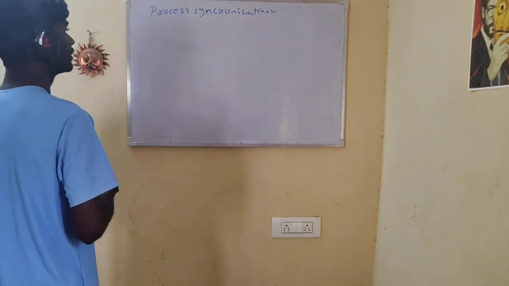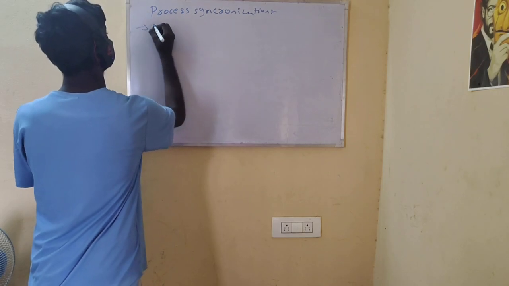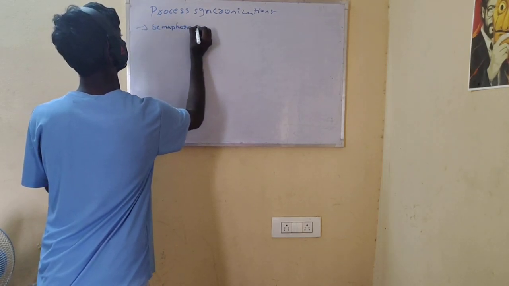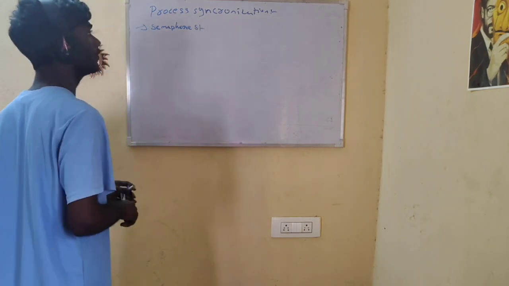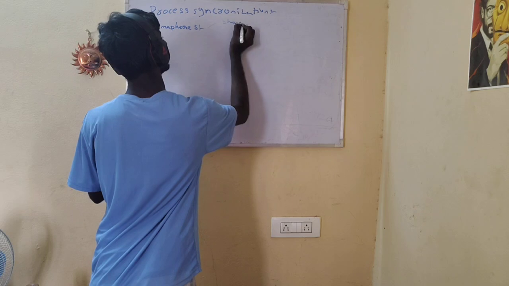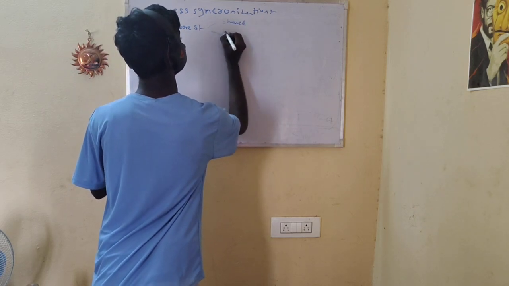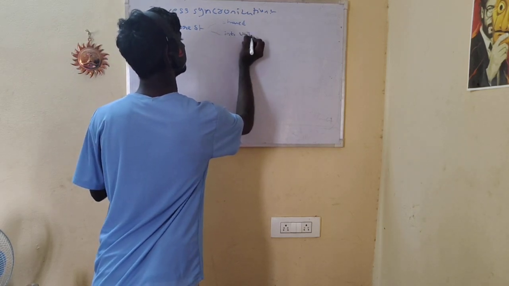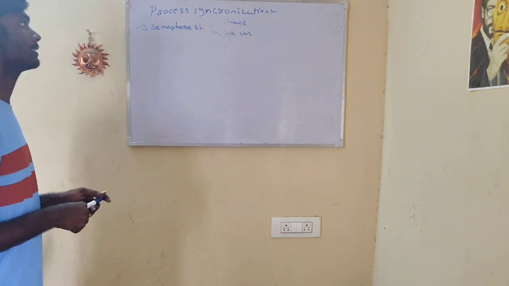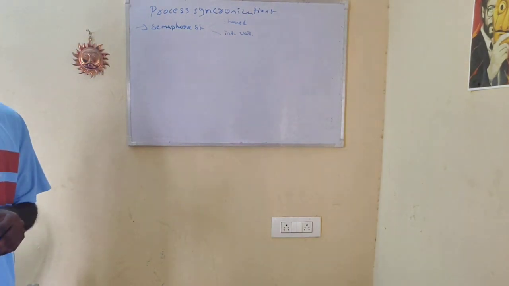After this, we need to learn about semaphores. Semaphore is a shared integer variable. It is to be noted that semaphore is a shared variable that is an integer variable.